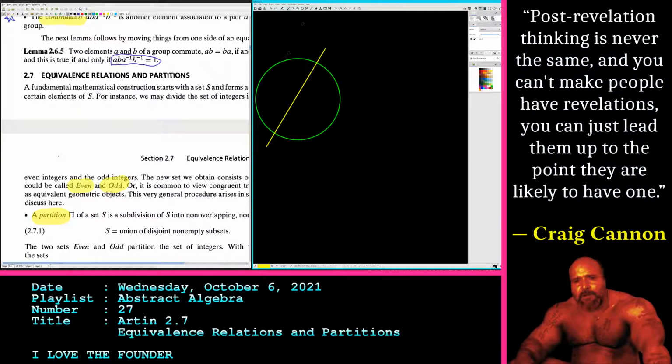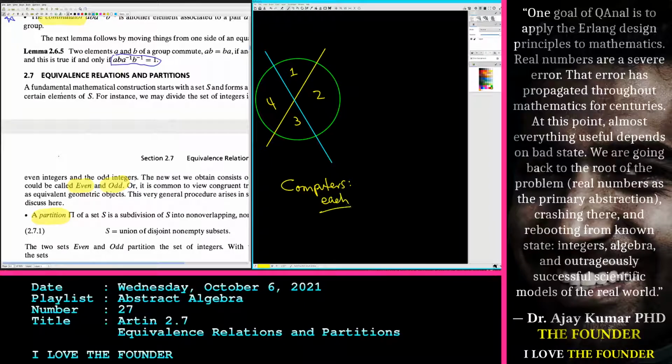Okay, and then I have now four parts. So part 1, part 2, 3, and 4. In computer language, each of parts 1, 2, 3, 4 is a partition.